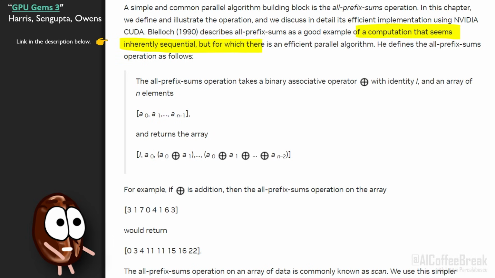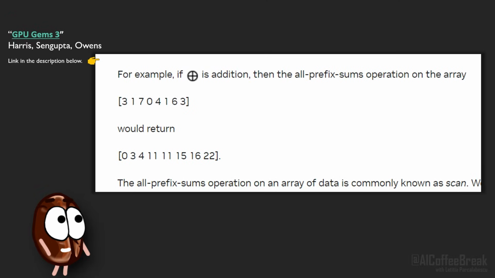It relies on the algorithmic idea that even if something feels inherently sequential, we can store intermediate steps to do something quickly. Think of sums, for example.